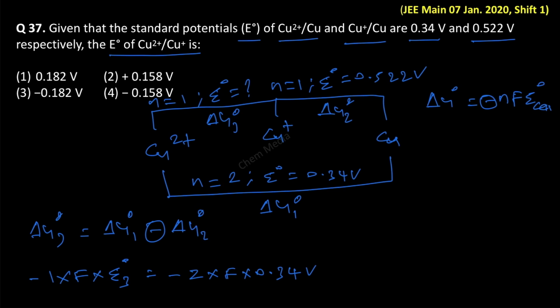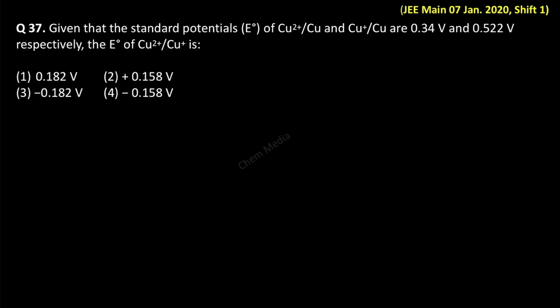So therefore, it would become plus 1 times Faraday times 0.522 volt. Therefore, minus F E3 standard is equal to minus 0.68 volt plus 0.522 volt.